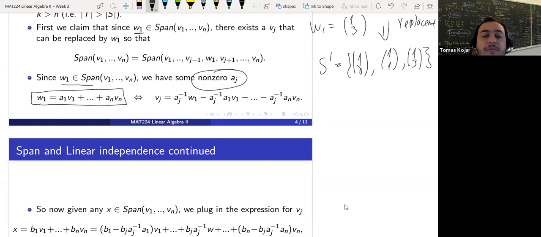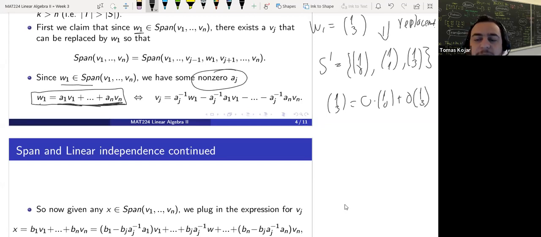You need at least one of the coefficients to be non-zero to talk about a linear combination, right?